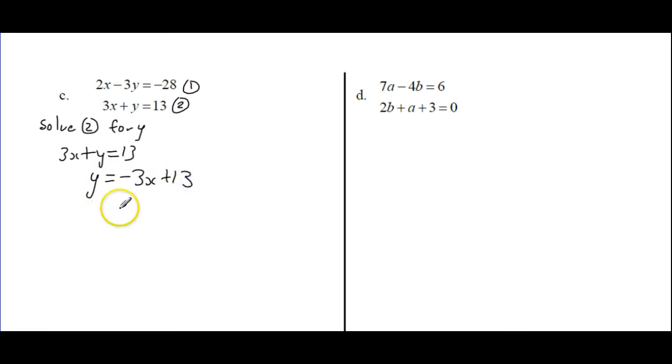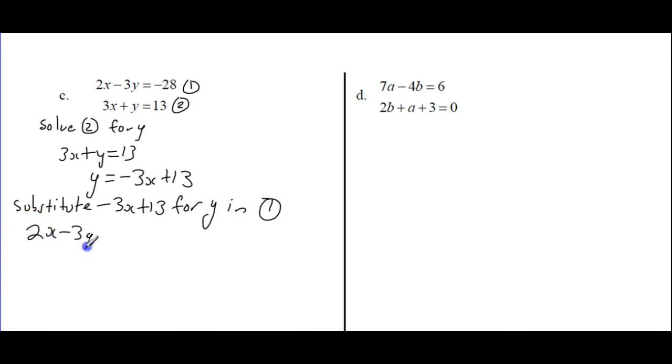So now that we have an expression for y, we go into the other equation. So we're going to substitute negative 3x plus 13 for y in equation number 1.